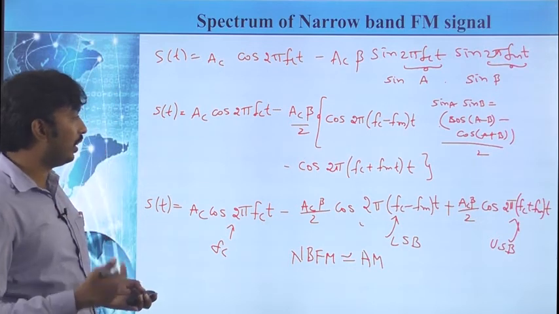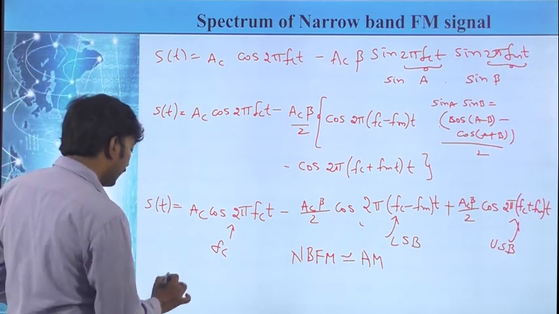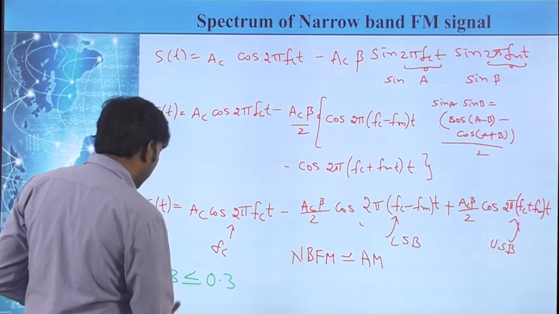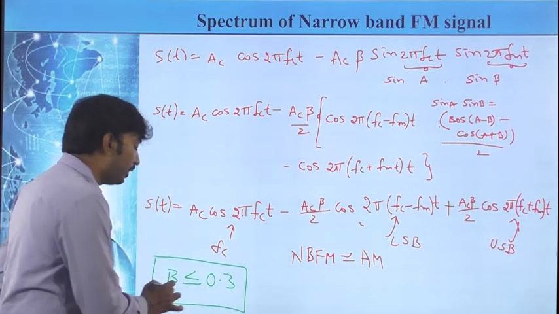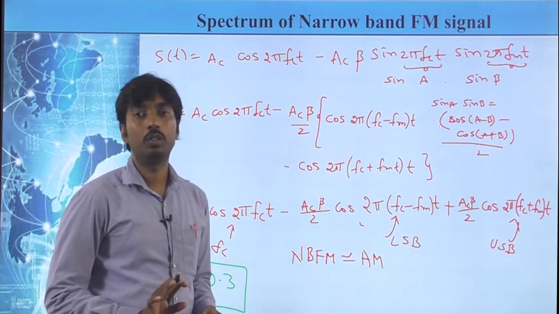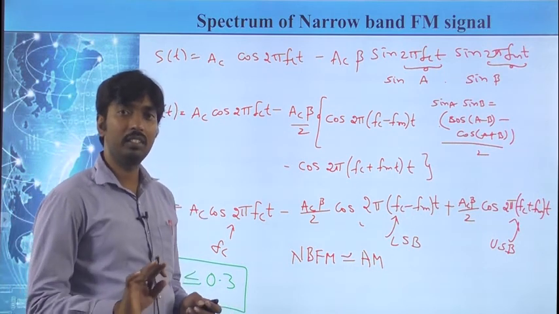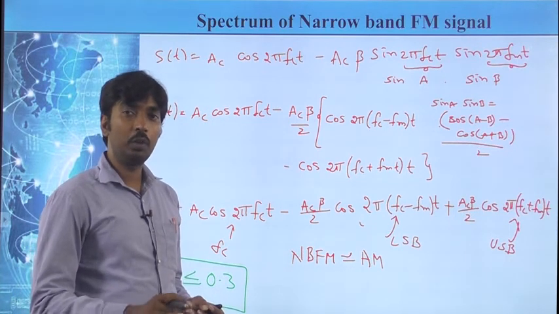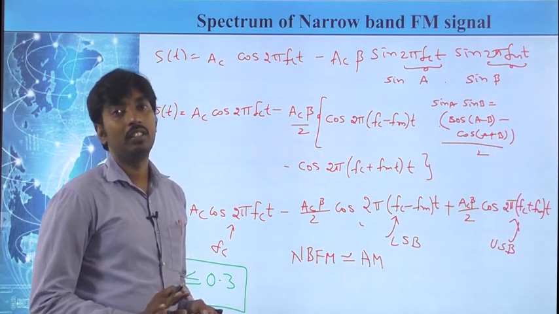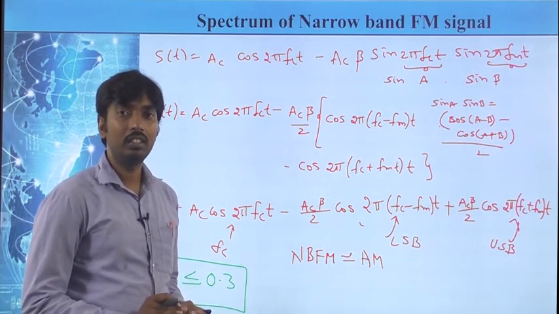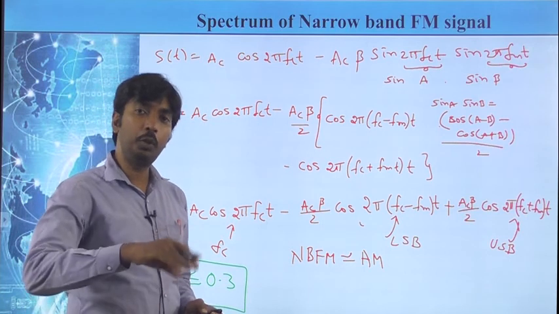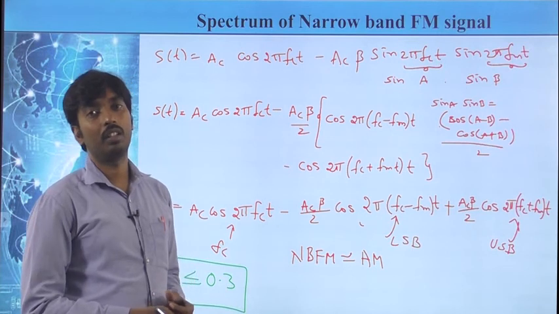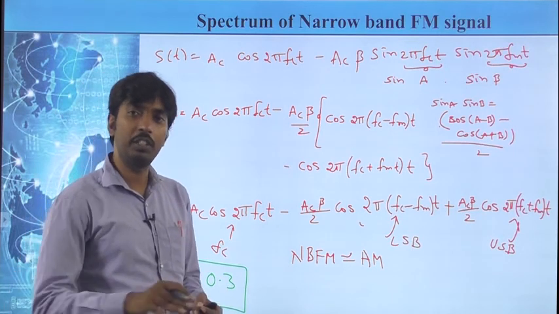I can eliminate these two when I consider a beta value less than or equal to 0.3. One is that the amplitude of the narrowband FM signal follows the amplitude of the message signal, so we can observe small amplitude fluctuations in the modulated signal.